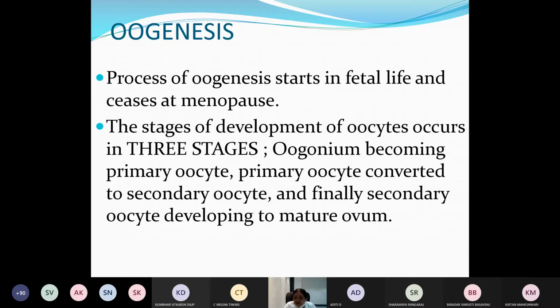The development of oocytes occurs in 3 stages.